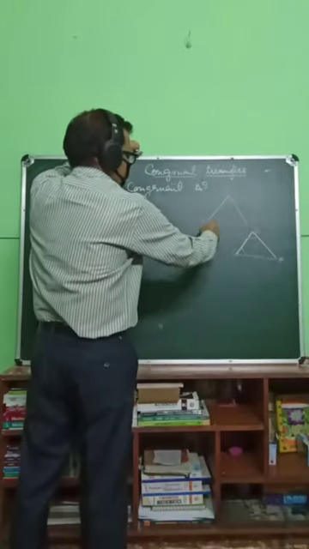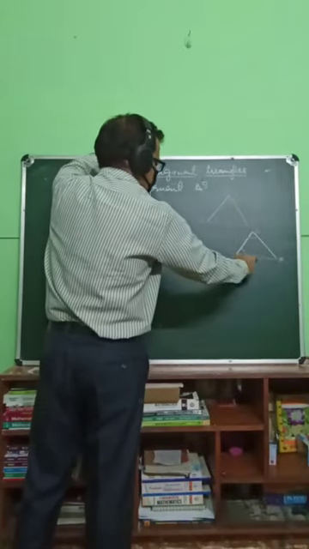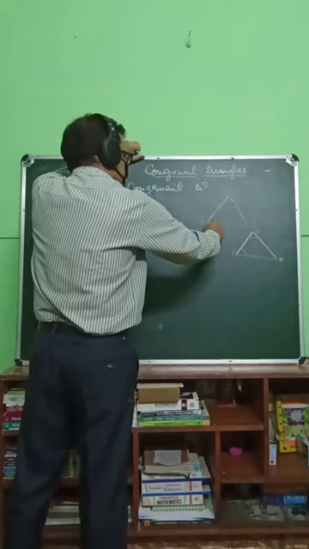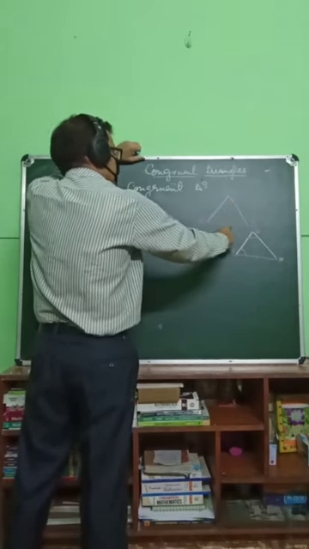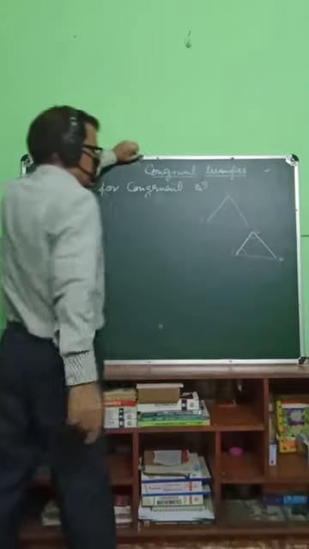So angle angle side. Any two angles and not the included side, it should be another side, then triangles are congruent.